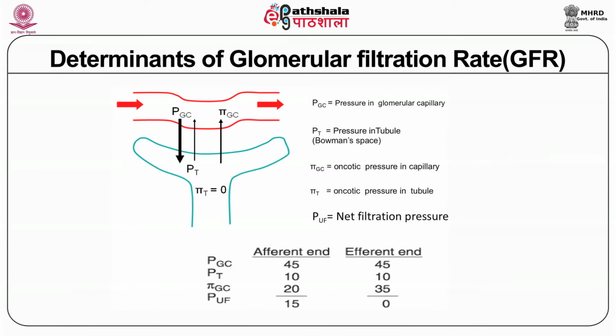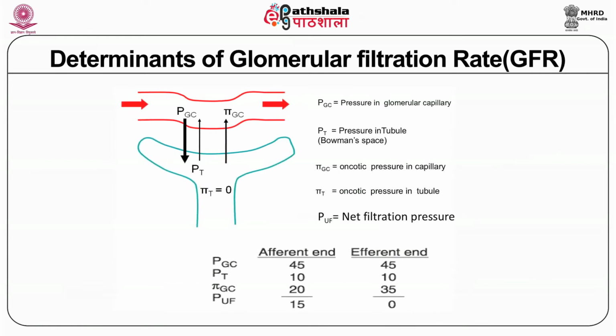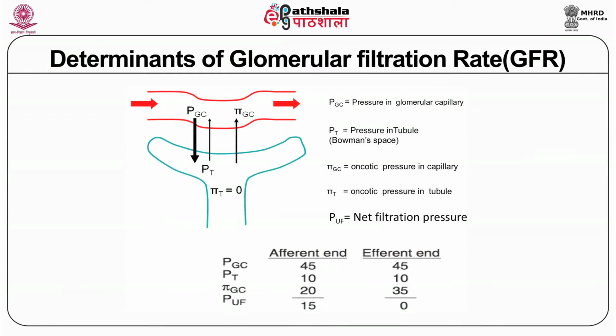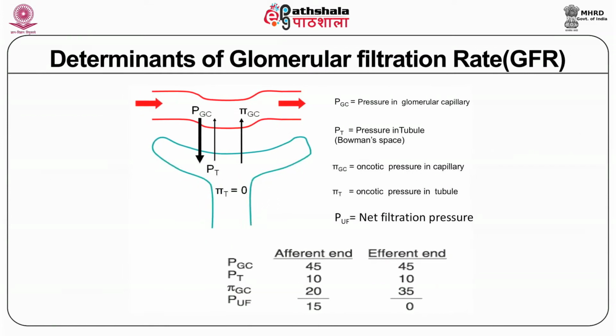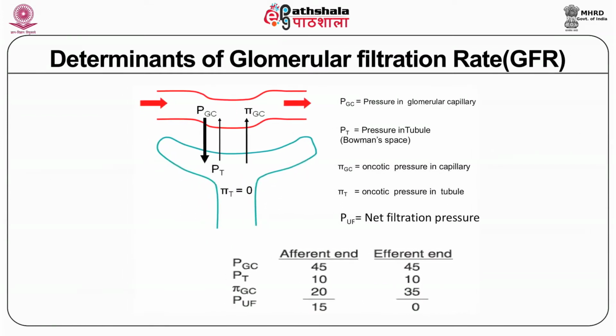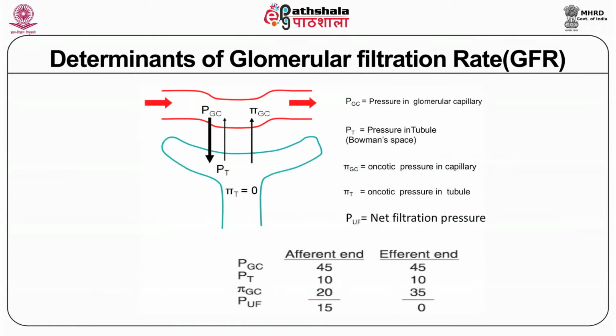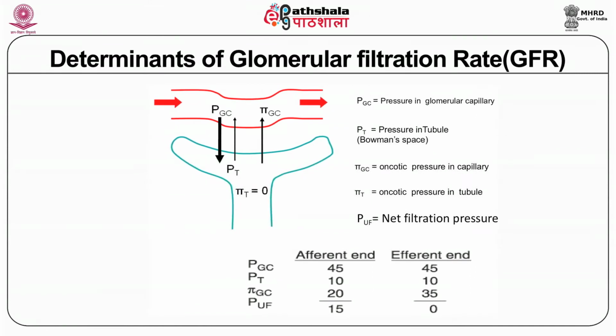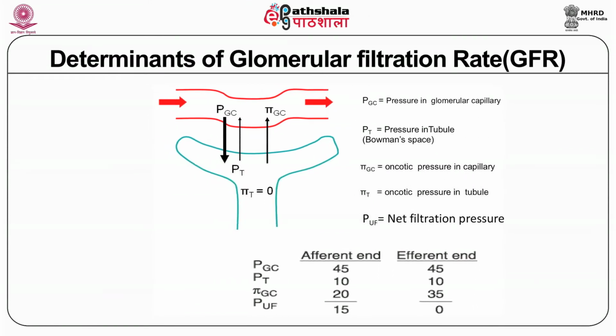The values of each are given in the figure, both at the afferent end of the capillary and towards the efferent end. The net direction of the pressure is from the capillary to Bowman's space. At the afferent end it is positive, and at the efferent end it comes out to be 0.